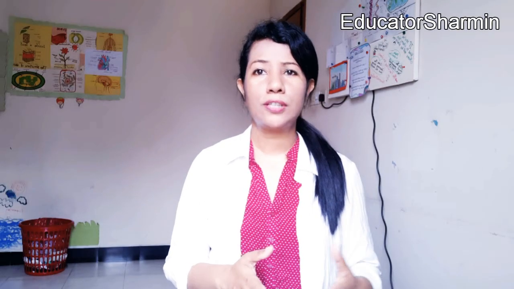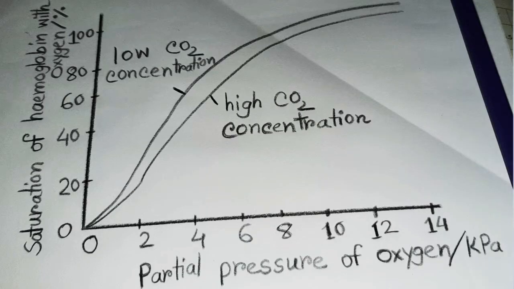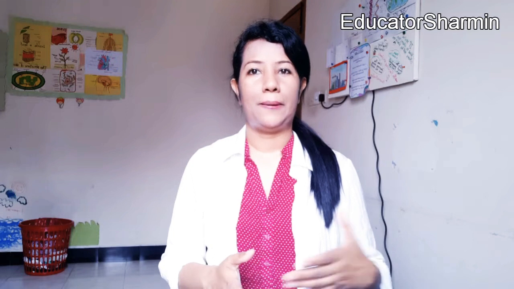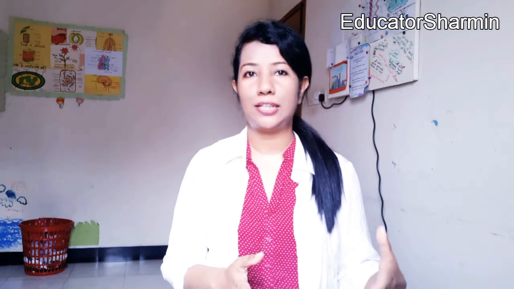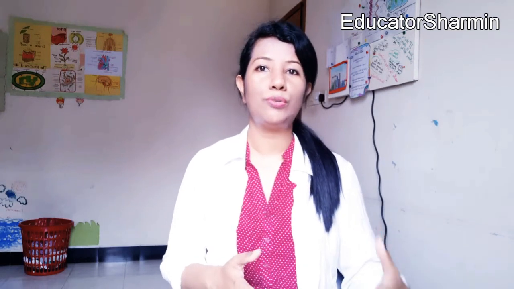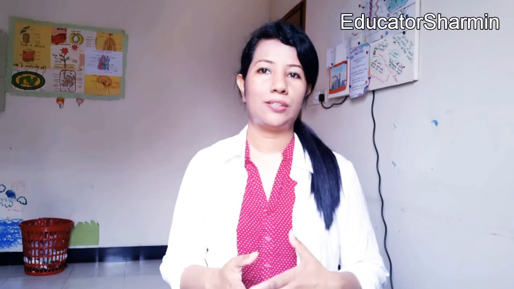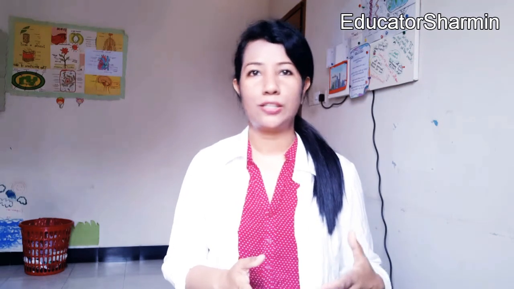High concentrations of carbon dioxide are found in actively respiring tissues which need oxygen, and these high carbon dioxide concentrations cause hemoglobin to release its oxygen even more readily than it would otherwise do.